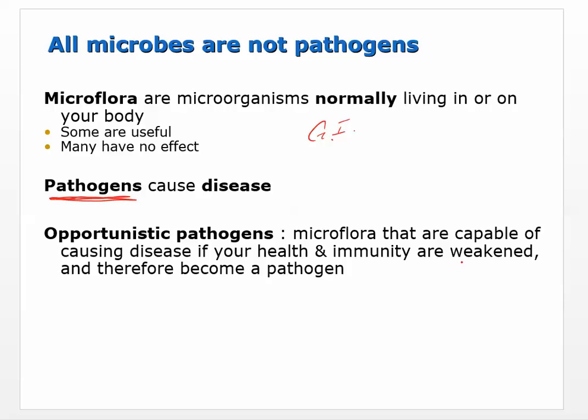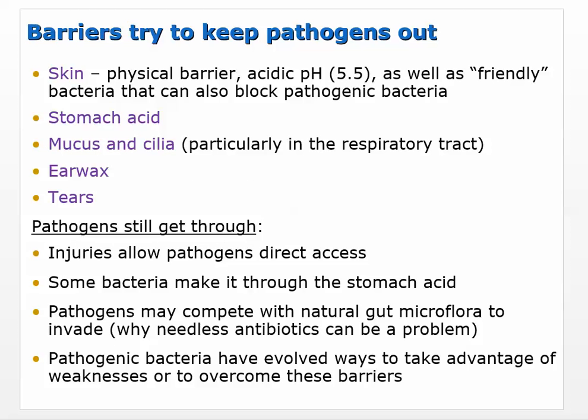They'll become a pathogen if they're given an opportunity, but they normally aren't. And this is one reason why antibiotics can be a problem, because if you take a bunch of antibiotics, that may allow these opportunistic pathogens to get a foothold, and then they can cause a disease.